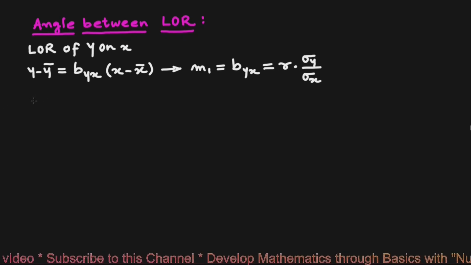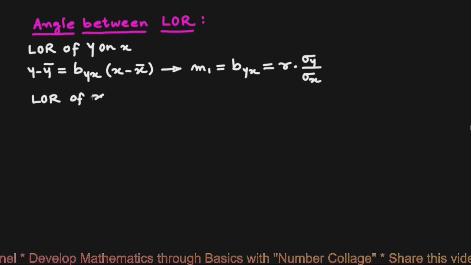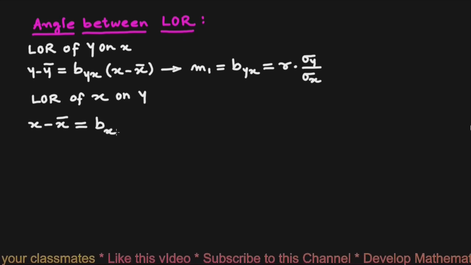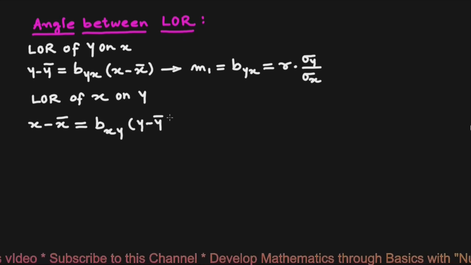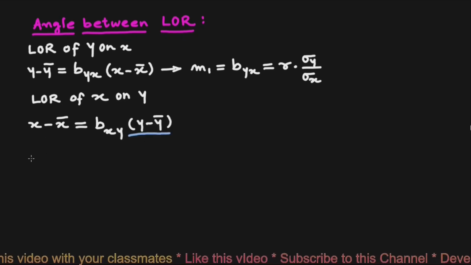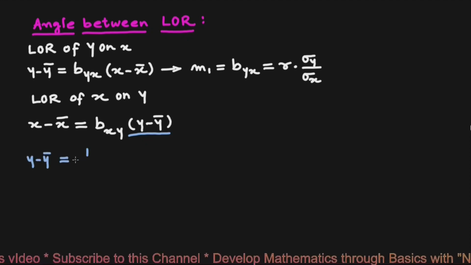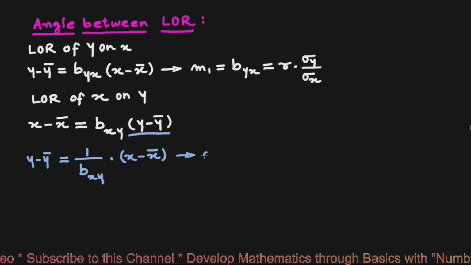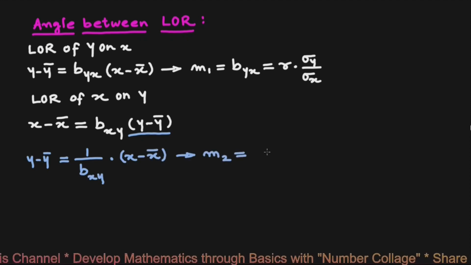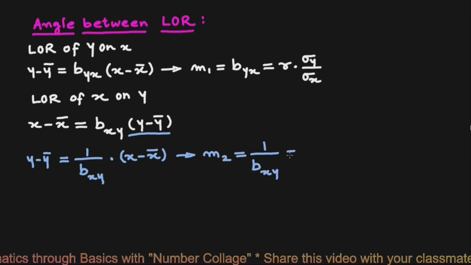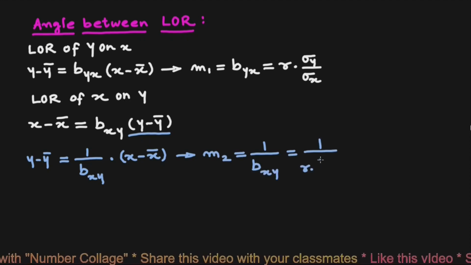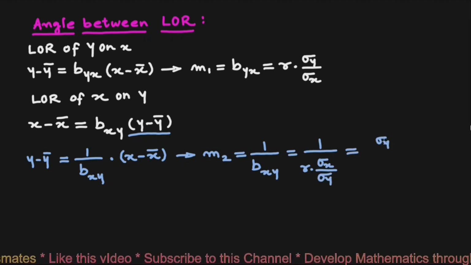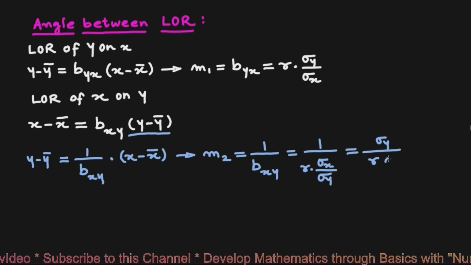Similarly, the equation of the line of regression of x on y is x minus x bar equals bxy into y minus y bar, which can be written as y minus y bar equals 1 upon bxy into x minus x bar, where the slope of this line m2 is 1 upon bxy, which is 1 upon r times sigma x by sigma y, which further will be sigma y upon r times sigma x.